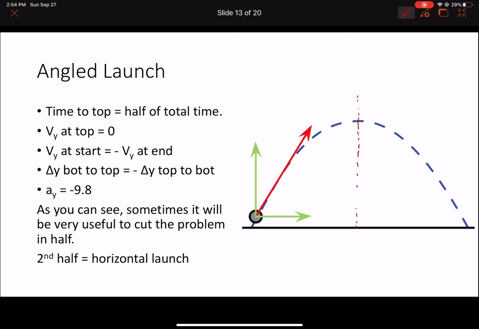If you do that, it turns out that this is just a horizontal launch problem. If we work only half the problem, if you see this right half, it's just a horizontal launch. And so if we're able to cut the problem in half, then it makes our whole lives easier, because we're just working the same thing that we did last class.